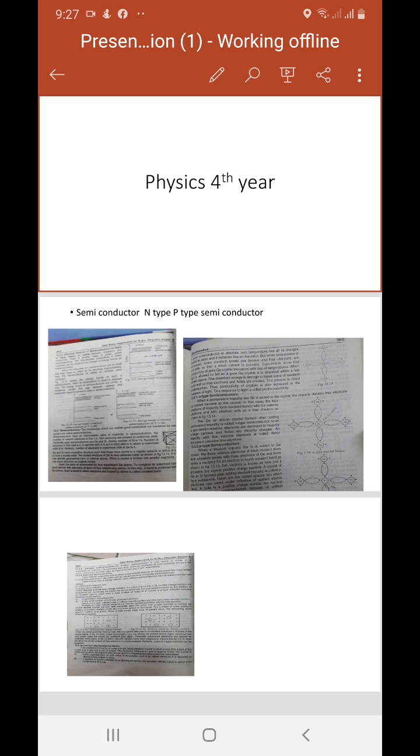A hole is a vacant space in which an electron can easily move under the influence of an applied electric field. A hole is a positive charge outside the nucleus, present only in a semiconductor because of an unfilled covalent bond.